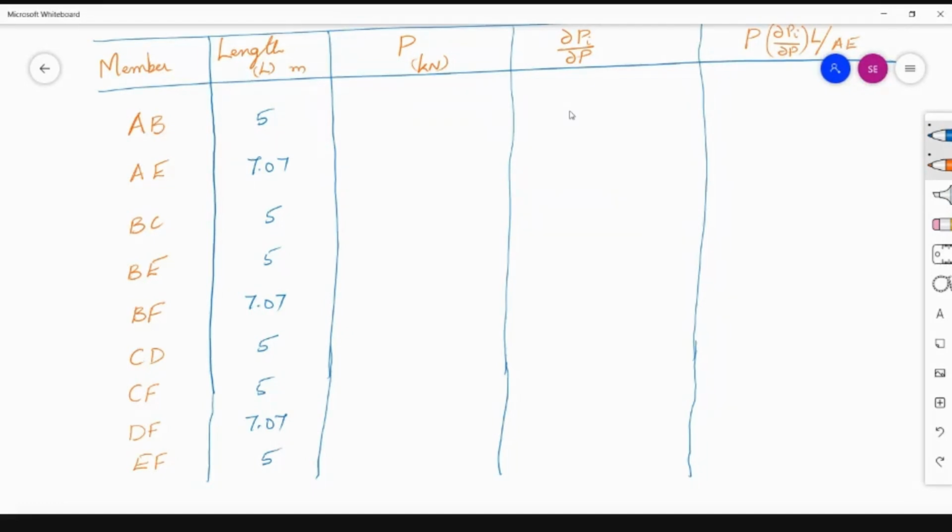Now similarly write down the forces in the members also: FAB, FAE, FBC, all the forces. I'm just writing down and summarizing all the forces here in tabular form. Represent them with sign also. Check whether the values are accurate or not.